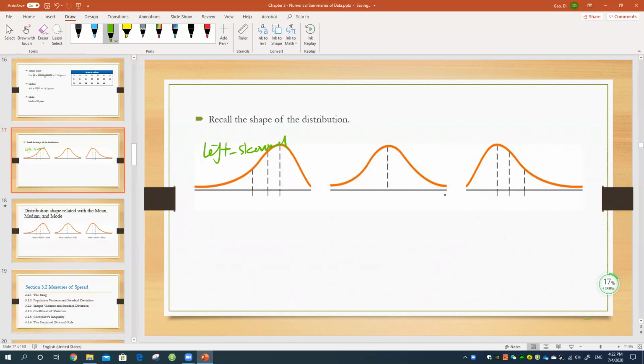And then for this kind of distribution, from this line, if you flip it, you still get the same one. We call it symmetric. And then for this one, long right tail, right skewed.